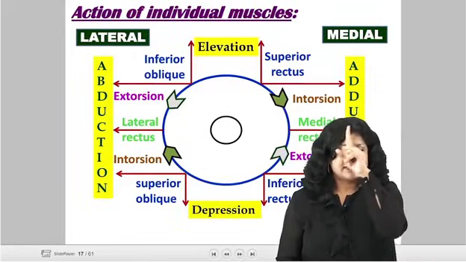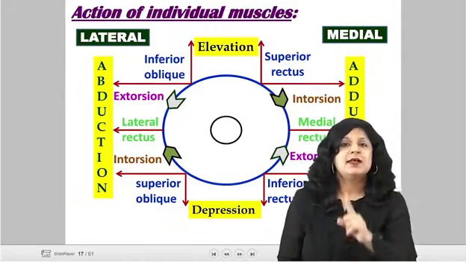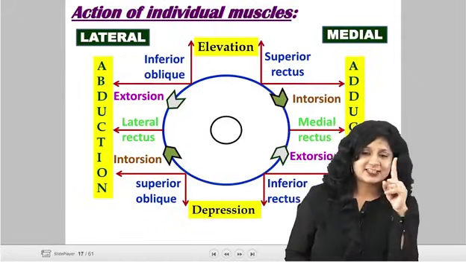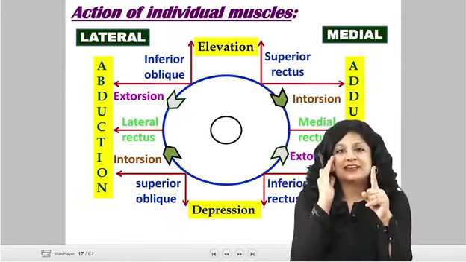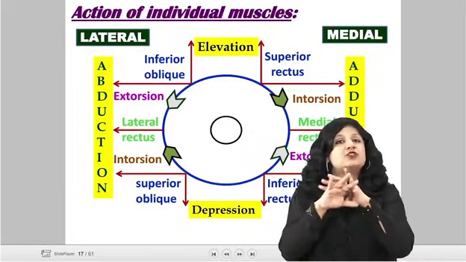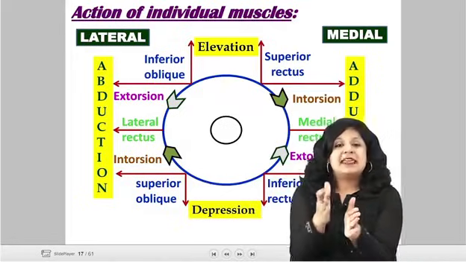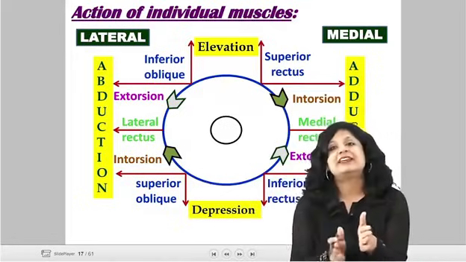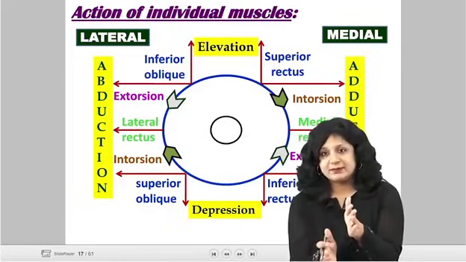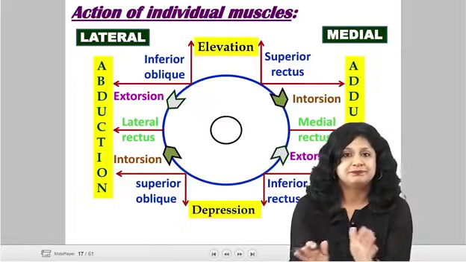Superior rectus will cause elevation, inferior rectus will cause depression, medial rectus will cause adduction, and the lateral rectus will cause abduction. So there should be no confusion, and the story of the medial rectus and the lateral rectus will end here because they do not have secondary action and tertiary action.